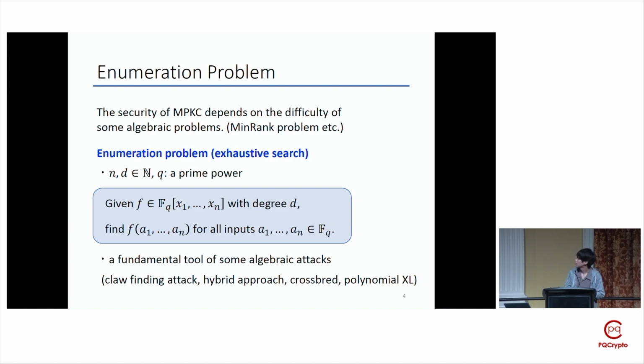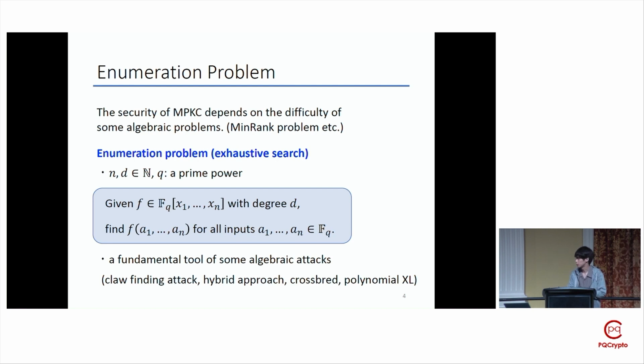Let n and d be two positive integers and q be a prime power. Then, given one single polynomial f in Fq[x1 to xn] with degree d, find the outputs of f for all the inputs in Fq^n.